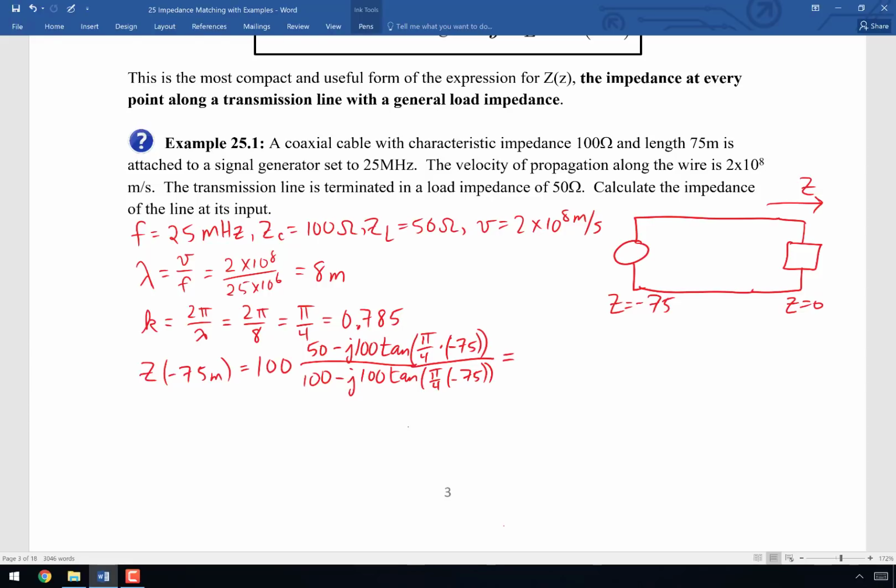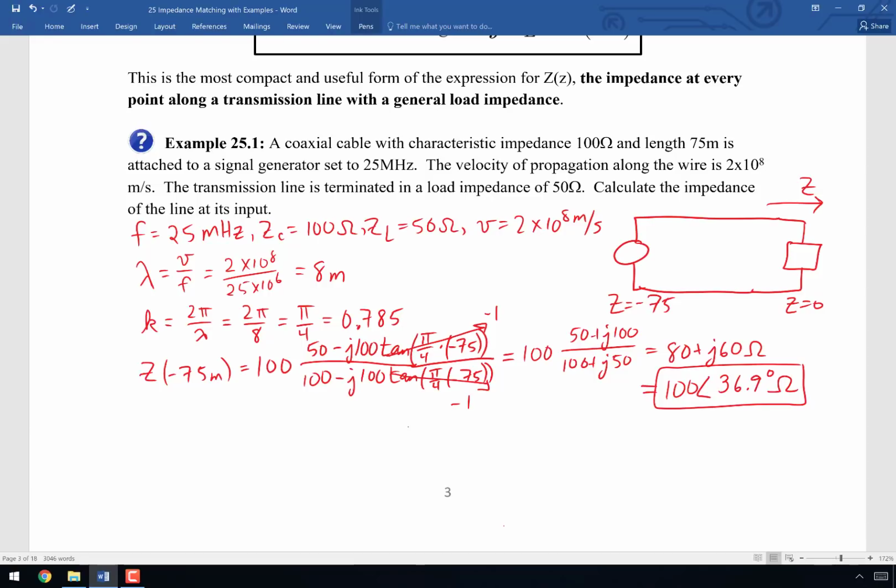And that works out to be, because I know that this tangent right here turns out to be negative 1, and this tangent right here turns out to be negative 1, this becomes 100 times 50 plus j 100 divided by 100 plus j 50, and that is equal to 80 plus j 60 ohms, or if you wanted to write it in polar form, it's 100 at an angle of 36.9 degrees ohms. And either of those answers would be correct.